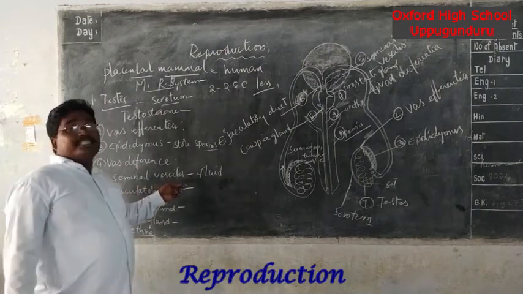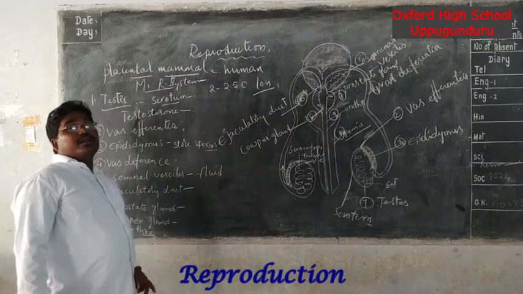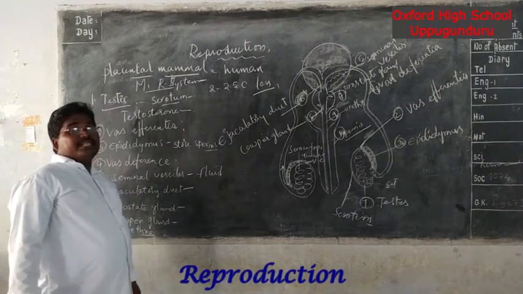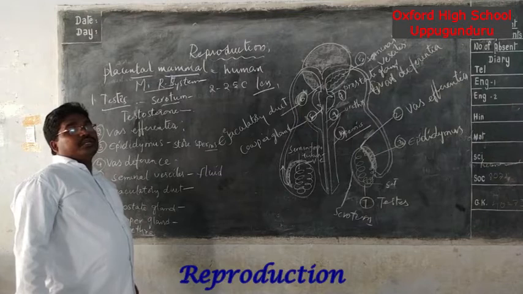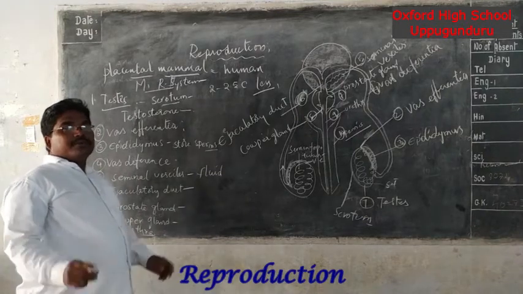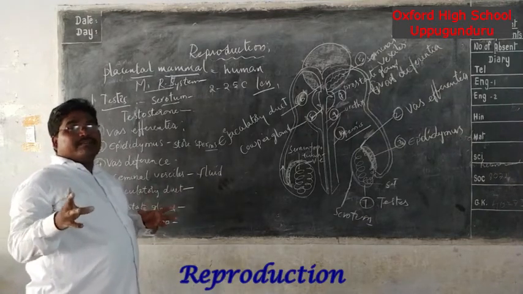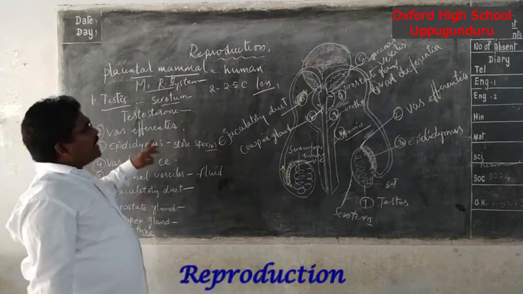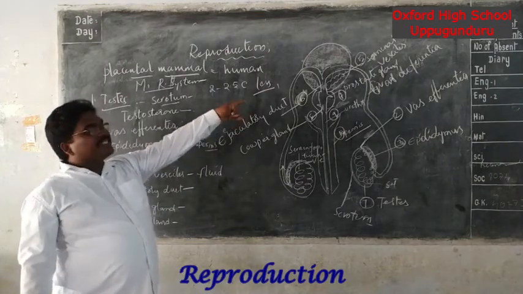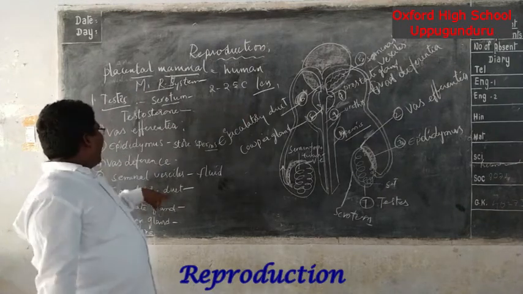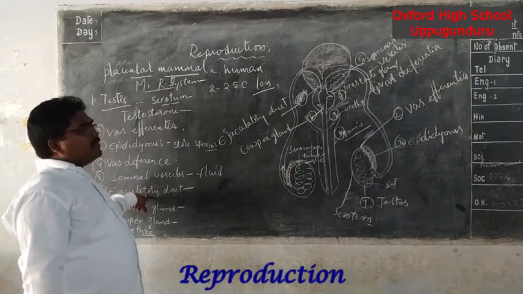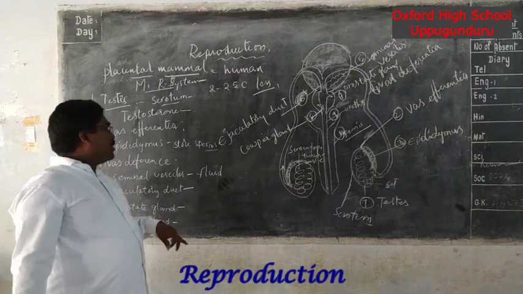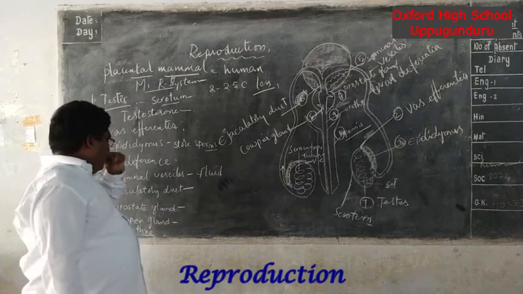Next, seminal vesicles. The seminal vesicles open into the vas deferens. The seminal vesicle secretes a fluid which gives energy and nutrition to the sperms when they are outside of the body. Ejaculatory duct. The duct of the seminal vesicle and vas deferens form the ejaculatory duct, which expels the sperms outside through the urethra.